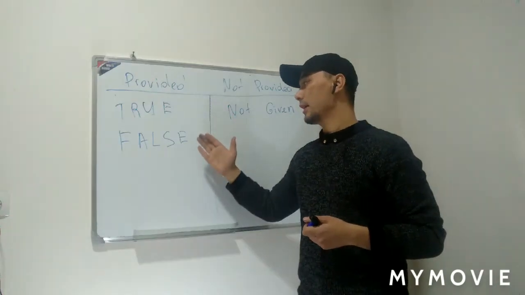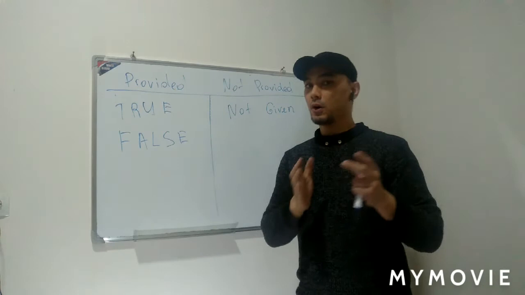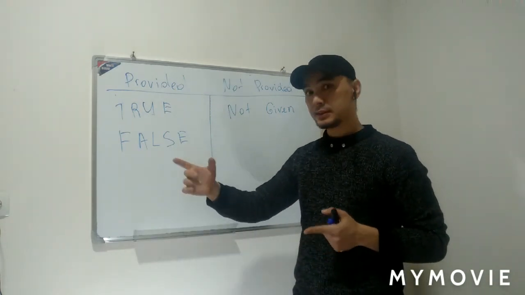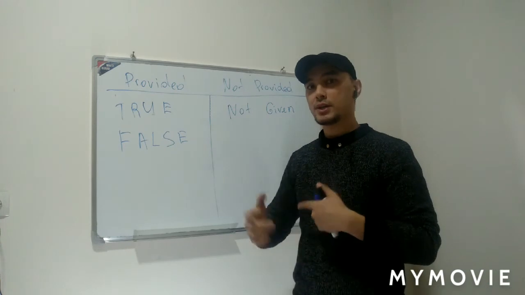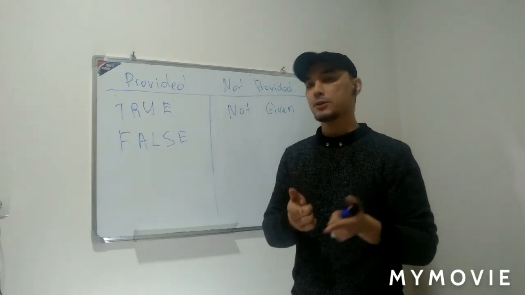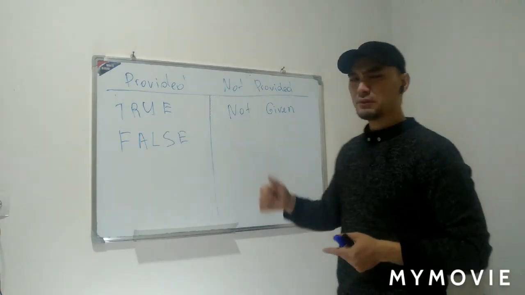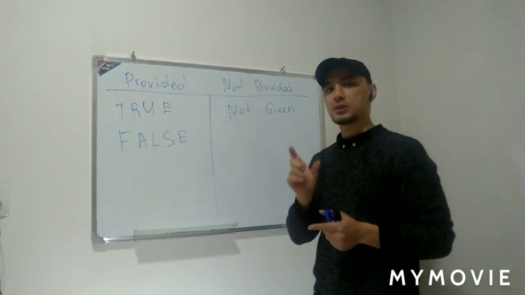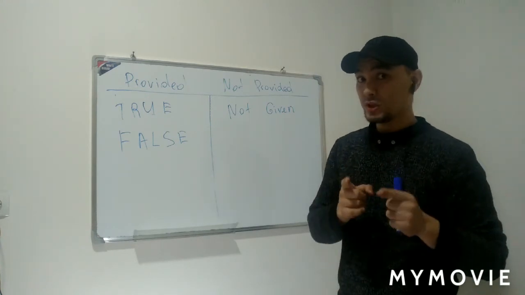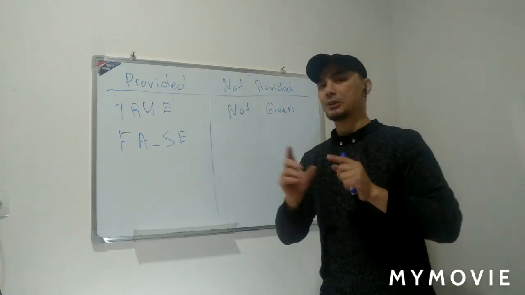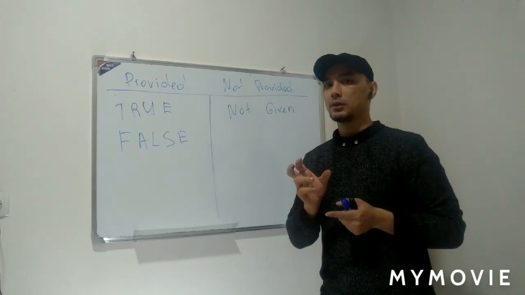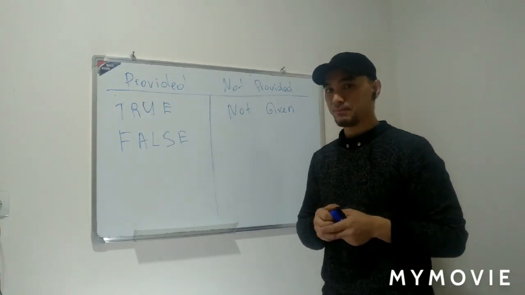True and false are given in the passage, but the false is the opposite, the reverse of the statements in the passage. What about not given? You can find some parts of these statements from the question in the reading passage, but it's not a 100% match, or there is no such information.